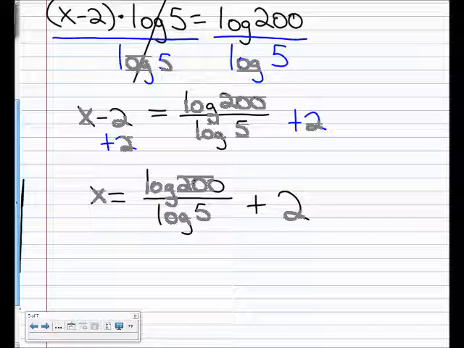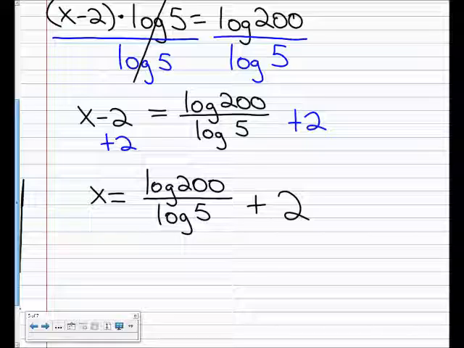Now, some of you may want to do a decimal approximation, which means that you would actually type this into your calculator. And that's fine too. So we'll do that real fast. I prefer to use the fraction button. If you go above the number 7, there's a button that says n over d, numerator over denominator.